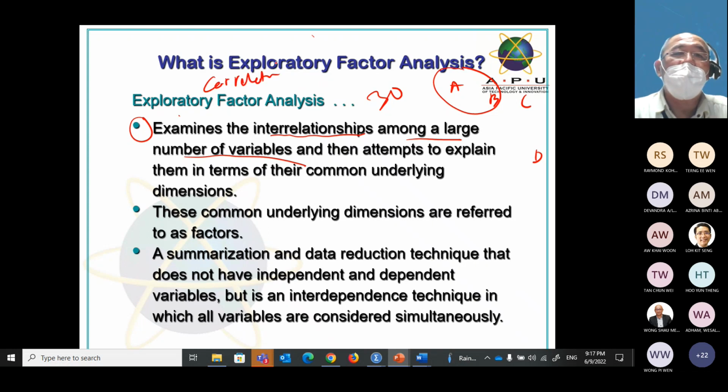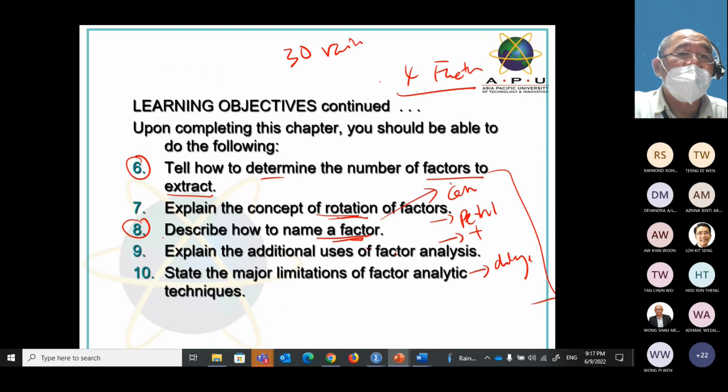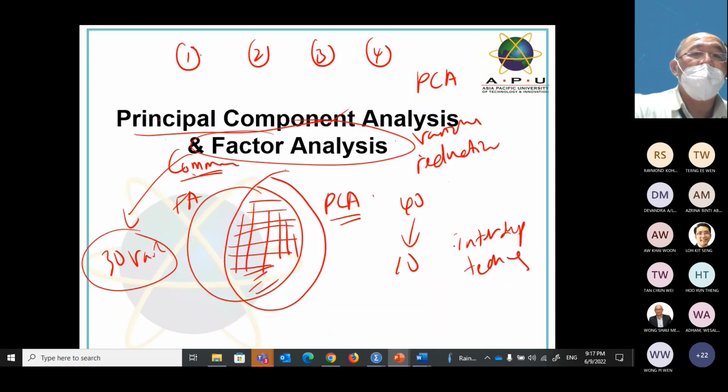We use this as the measurement to see whether they have any relationship among the variables. Then we attempt to explain them in terms of their common underlying dimension, which refers to the common variance among the 30 variables.